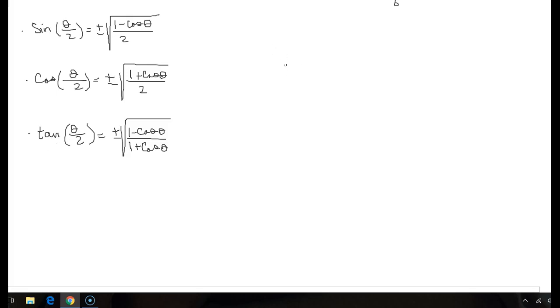Now, be very careful. Maybe you're not always given theta and the question is about theta over 2. Maybe you're given 2 theta and the question is about theta. So it's not a matter of whether I'm doing theta over 2, or it's 2 theta to theta, or it's let's say 4 alpha to 2 alpha.